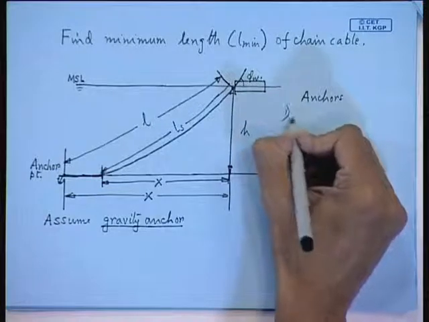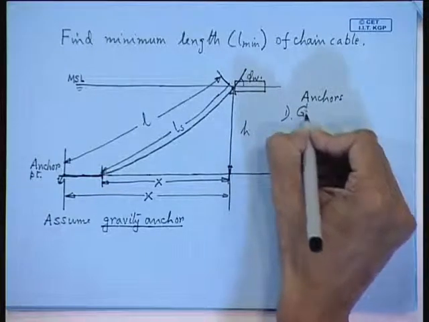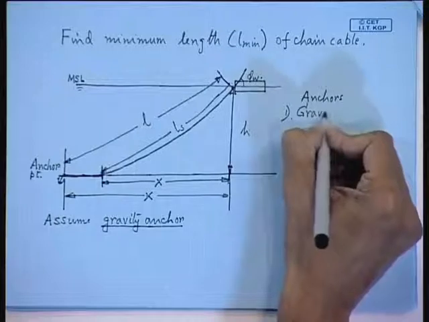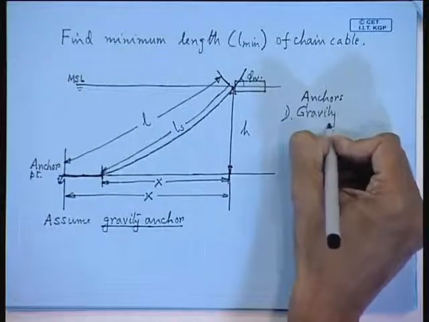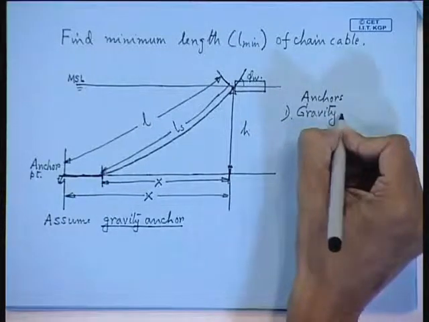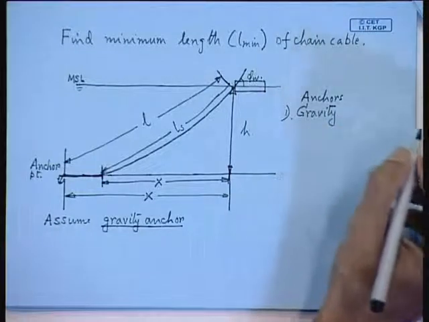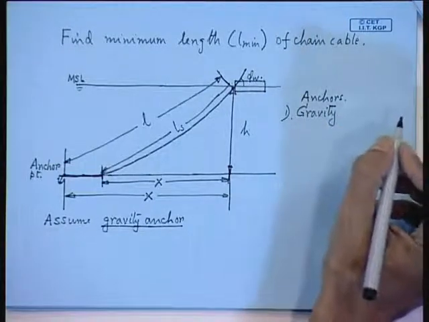First is the gravity anchor, but normally these gravity anchors are used only for anchoring large offshore structures, say offshore platforms, TLPs and all these things.